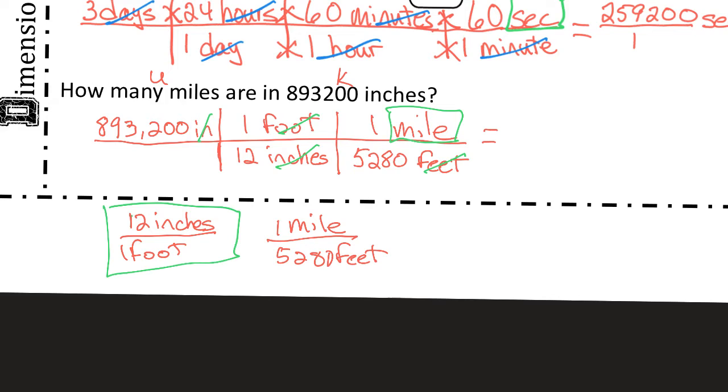I'm going to multiply all the numbers on the top together. And I multiply all the numbers on the bottom together. So I come out with this fraction. You then solve the fraction, and you're going to get 14.0972, and that 2 repeats.